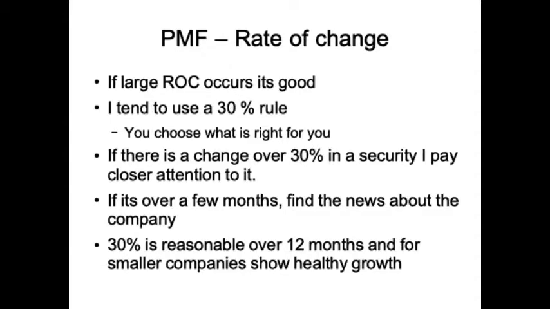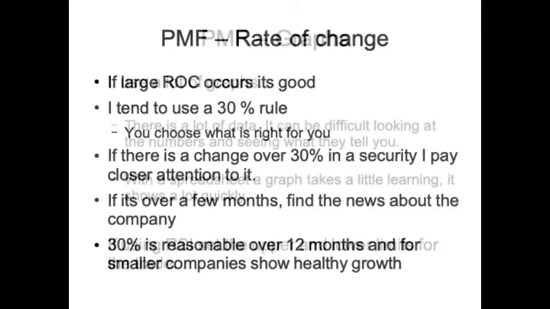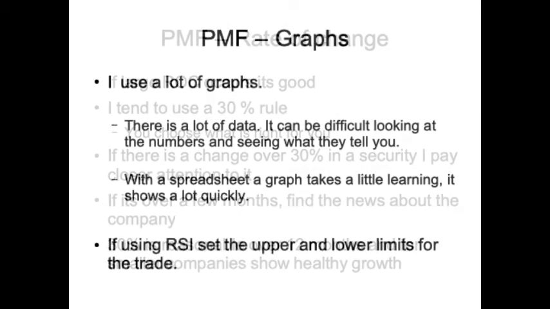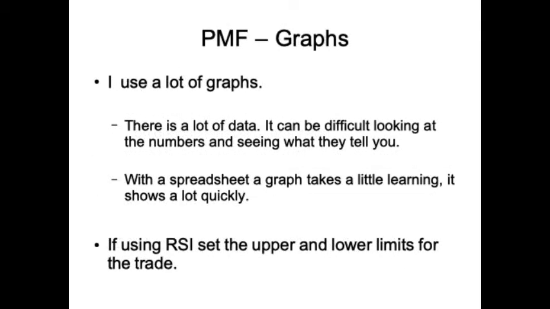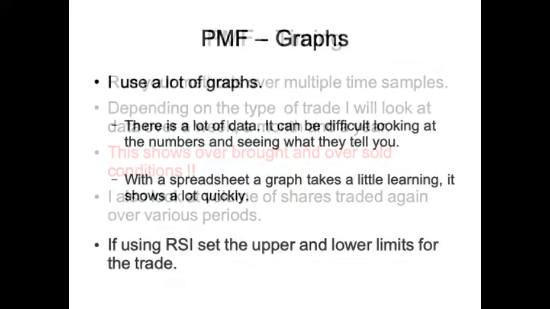If it's a small company, then a 30% is reasonable over a 12-month period because they have either rapid growth or rapid decline. So yeah, that's reasonable. I also like to use a spreadsheet, and I produce a heck of a lot of graphs. If I'm doing an RSI graph, remember to set the upper and lower limits for that particular trade.